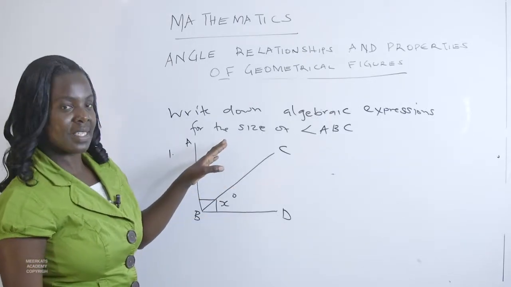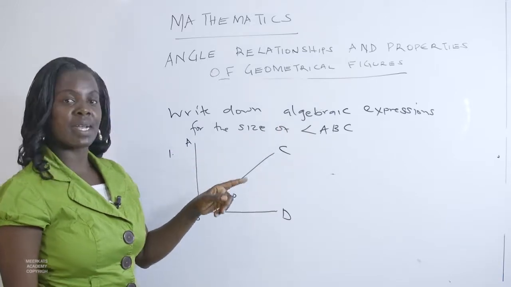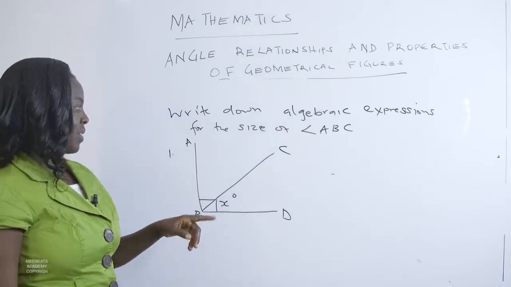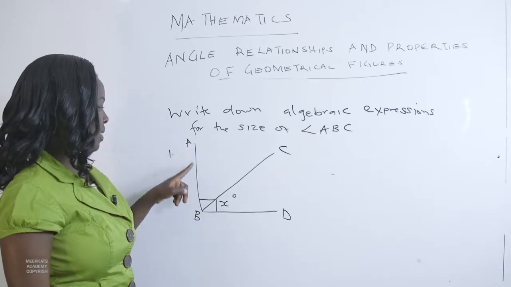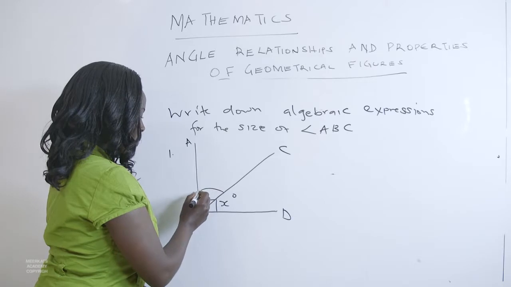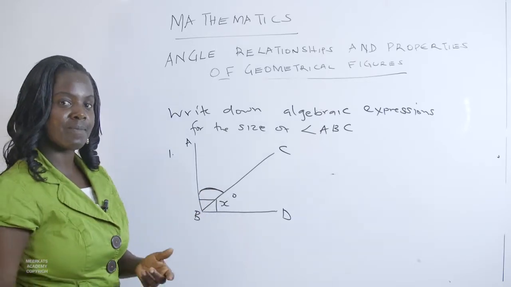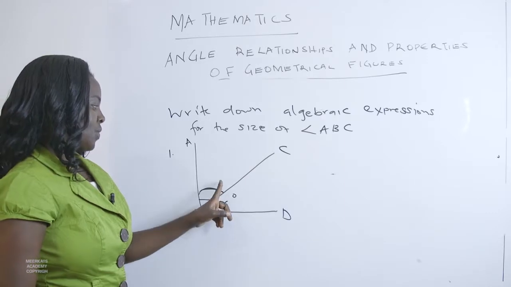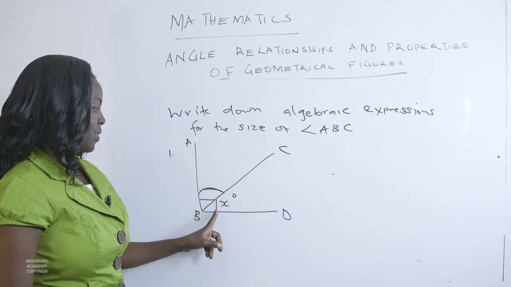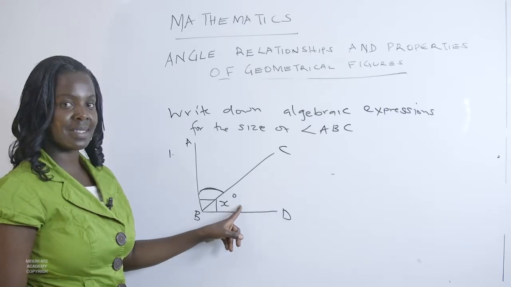So again, we have this other example. Write down algebraic expressions for the size of angle ABC. So which angle are we talking about? Angle ABC. B is the vertex. We're talking about this angle here. You realize that we are told the whole of this angle is 90 degrees, and part of it is x degrees.